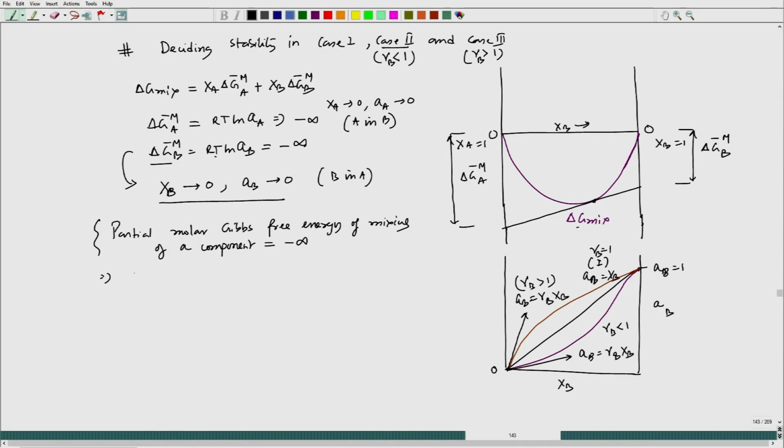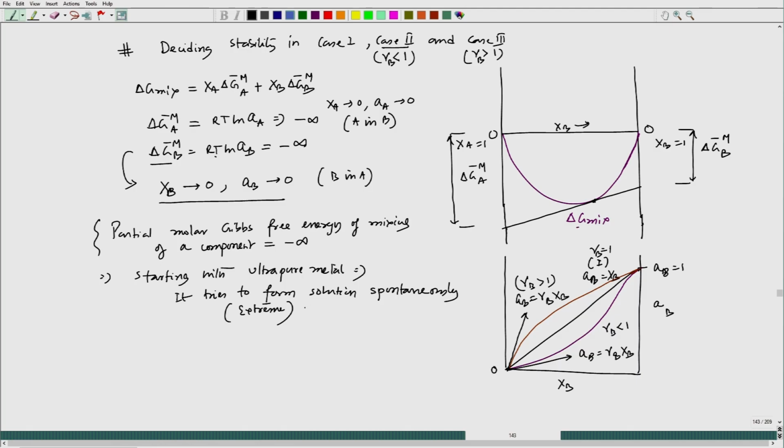Okay. So, it means that starting with ultra pure metal, it tries to form solution spontaneously, and this will be extremely spontaneous, rather I would put extreme spontaneity.